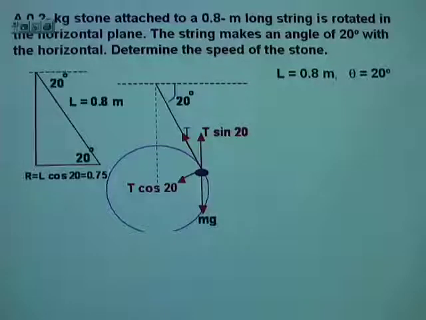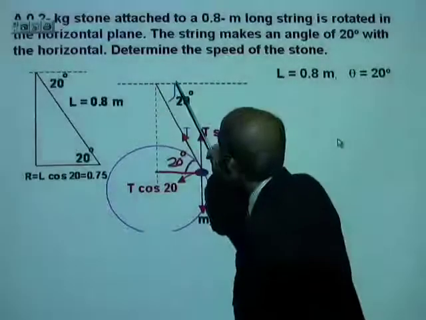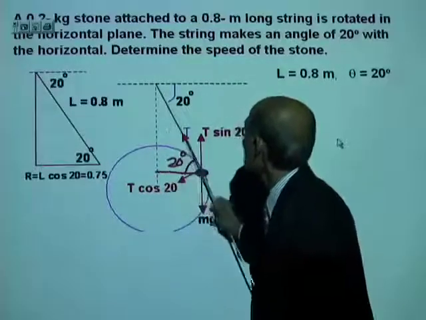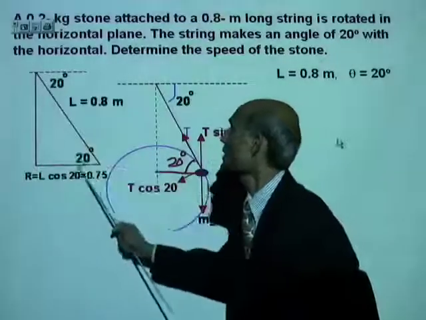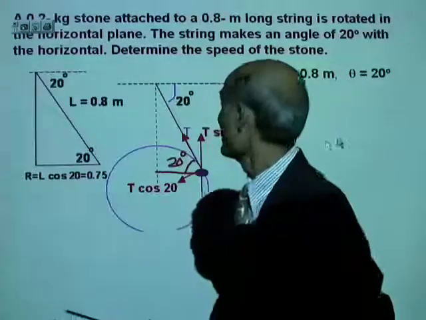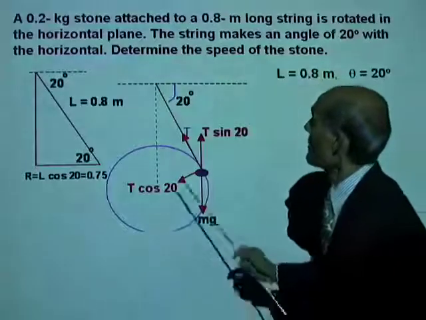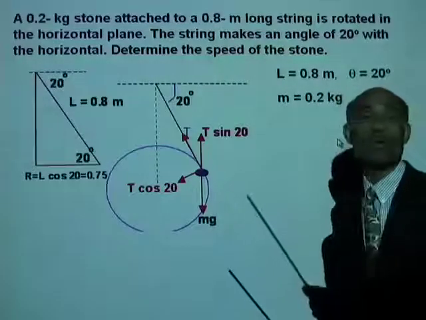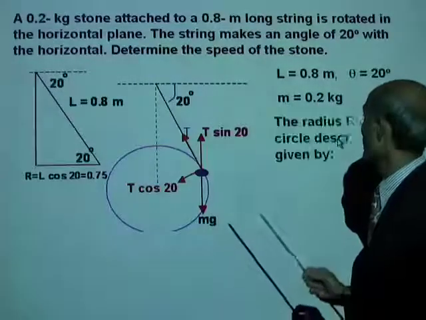It is this line that I have drawn there, and that angle will be 20 degrees. So you can see that angle and this angle are the same. It is this triangle that I have drawn here. And the mass of the stone is 0.2 kilogram.